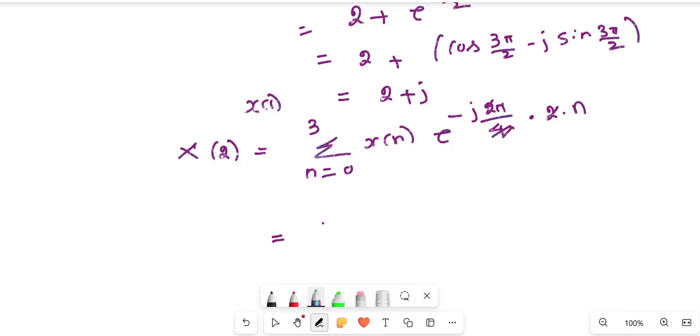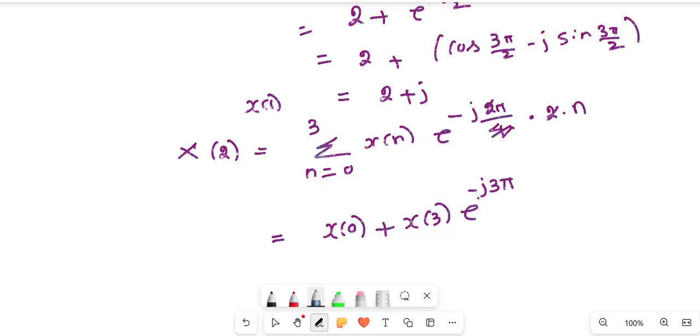So x of 0, we substitute x of 0 to be 1 plus the last term x of 3, so k will be 2 into n. So you will get e power minus j 3 pi, n will be 3.